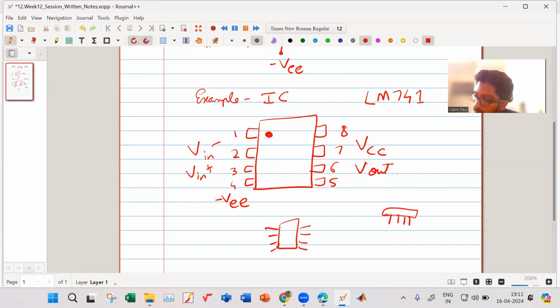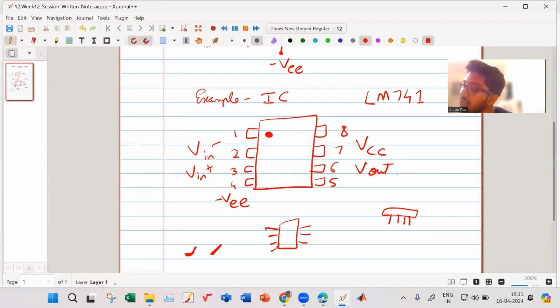What I mean to say is, its leg can be something like this, and when you connect it, it will be like this, or its leg can be something like this. There are various ways, but the end goal is that you have 8 pins, plus VCC and minus VEE.